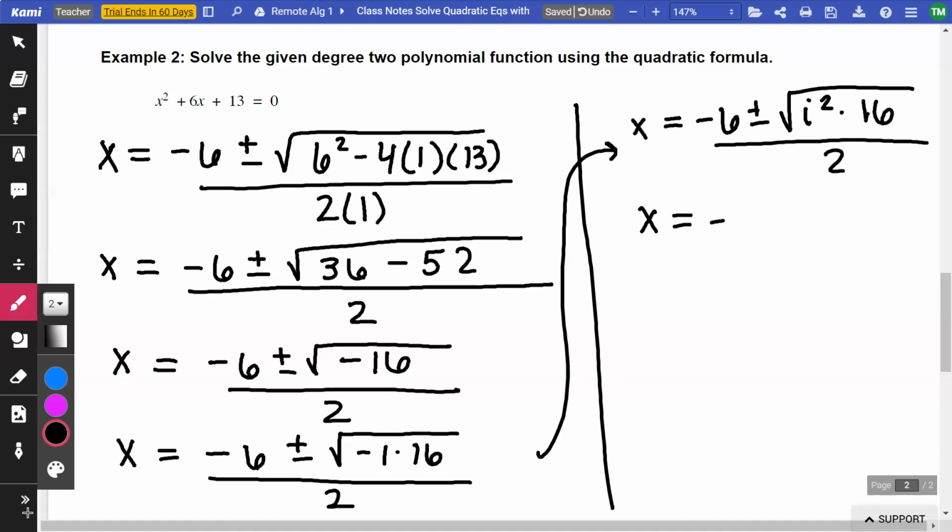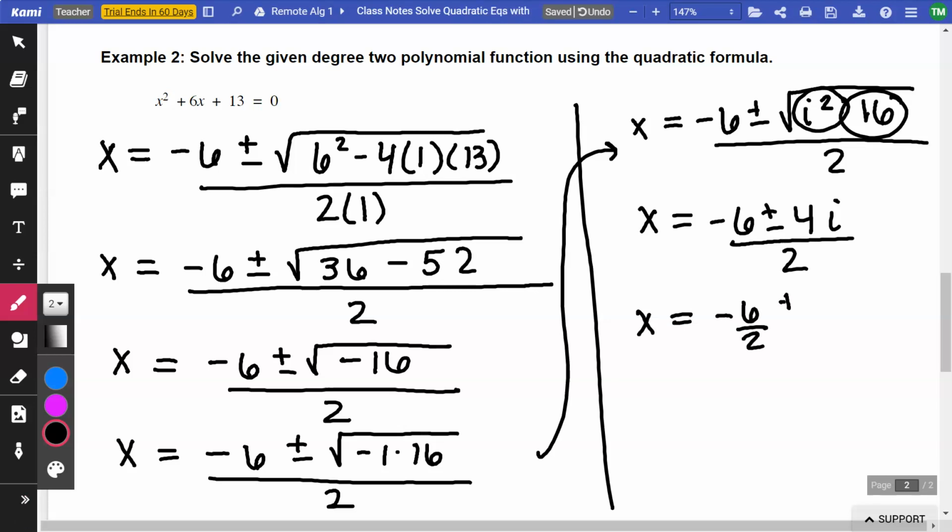So x equals negative 6 plus or minus, well, what's the square root of 16? 4. And what's the square root of i squared? i. All over 2. So now we need to split this into 2 fractions. So negative 6 over 2 plus or minus 4i over 2, and then simplify. x is equal to negative 3 plus or minus 2i.